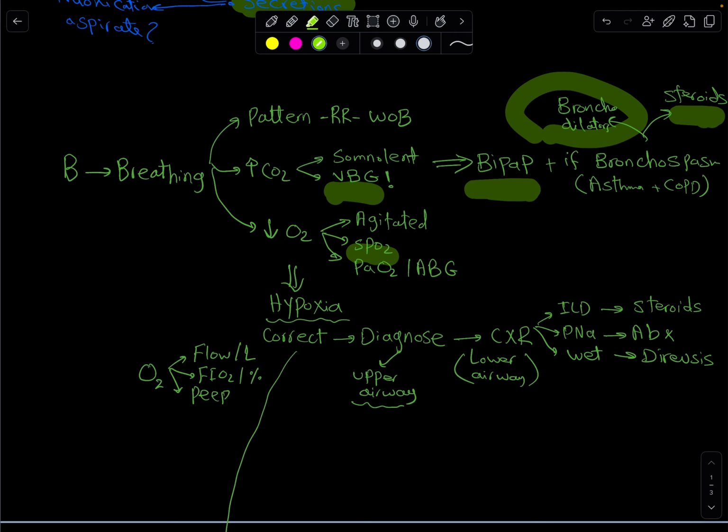And the PEEP is just a pressure. So sometimes in cases of pulmonary edema or if the patient has ARDS, you need some pressure to push this oxygen in, because if you have a lung that's filled with pus or filled with water or fibrotic or some kind of resistance to the flow, sometimes you need to give some pressure to push all this oxygen all the way down.